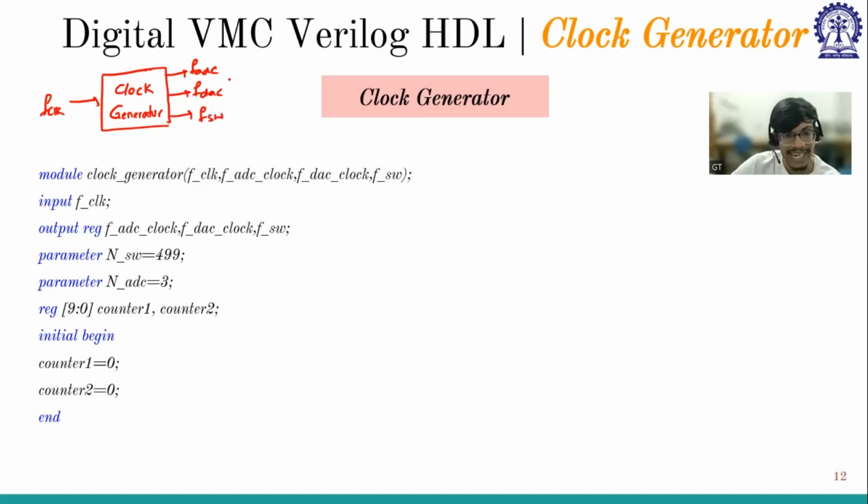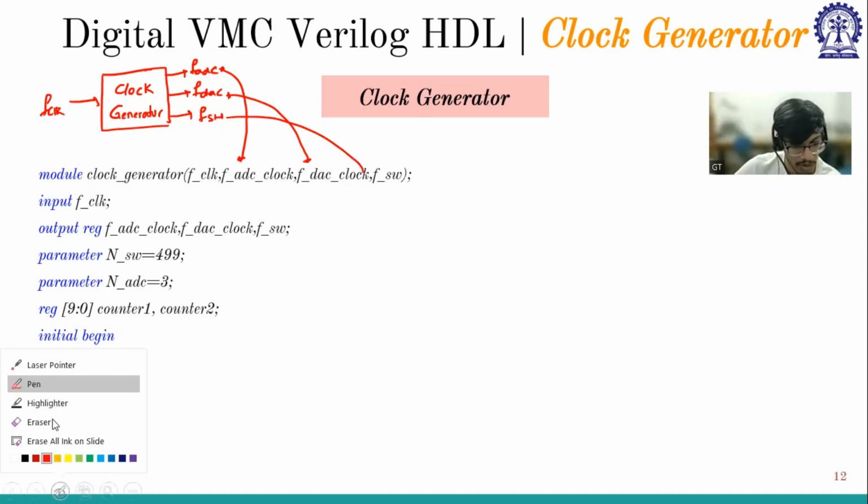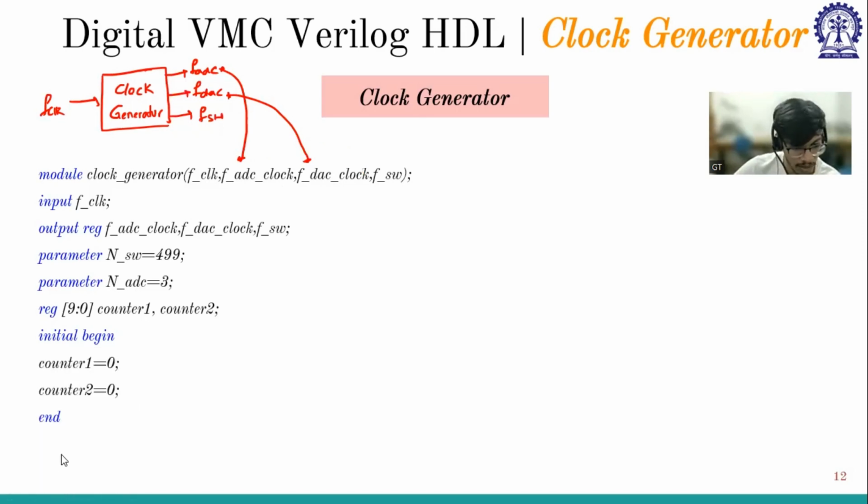SAR has used ADC clock, so both are the same, and DAC clock. FSW is FSW, and F clock is the main clock, so the main clock is the input. SAR has defined the main clock as main clock, and the outputs SAR is defining as reg.